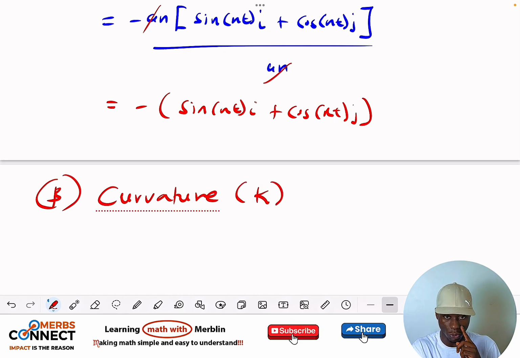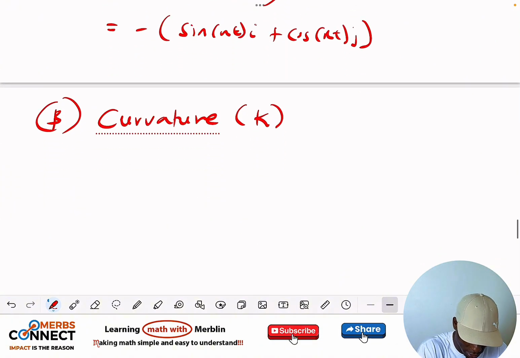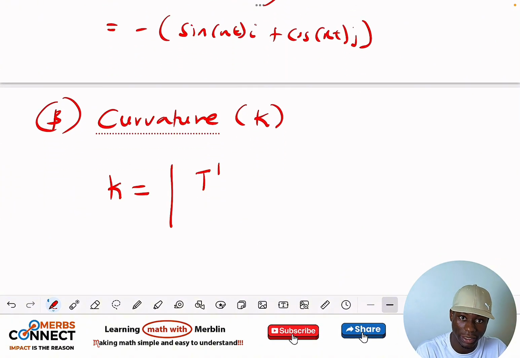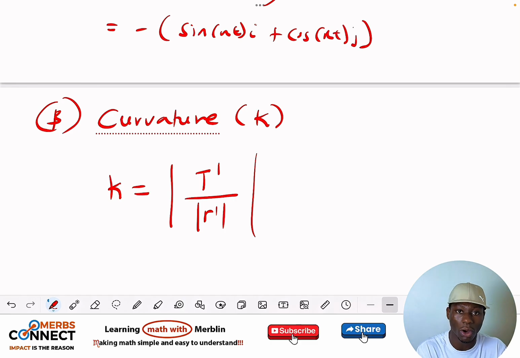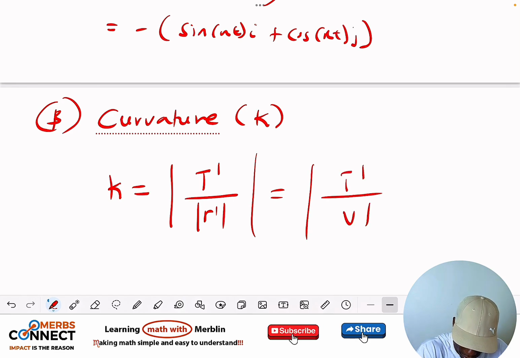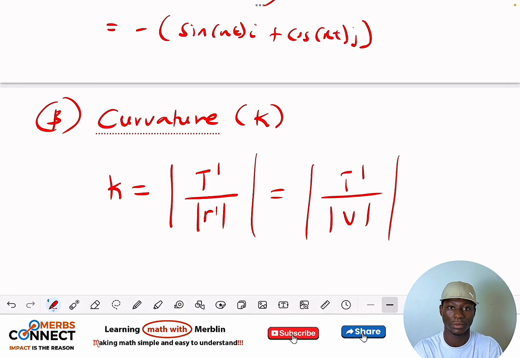We know that curvature is equal to the magnitude of T prime divided by the magnitude of r prime. But I know that r prime is the same as the velocity, so I can write this as T prime divided by the magnitude of v.